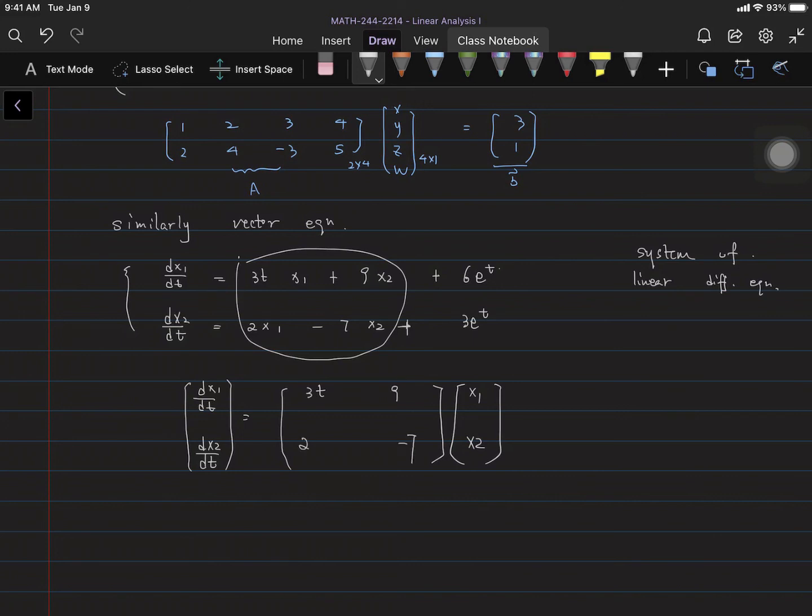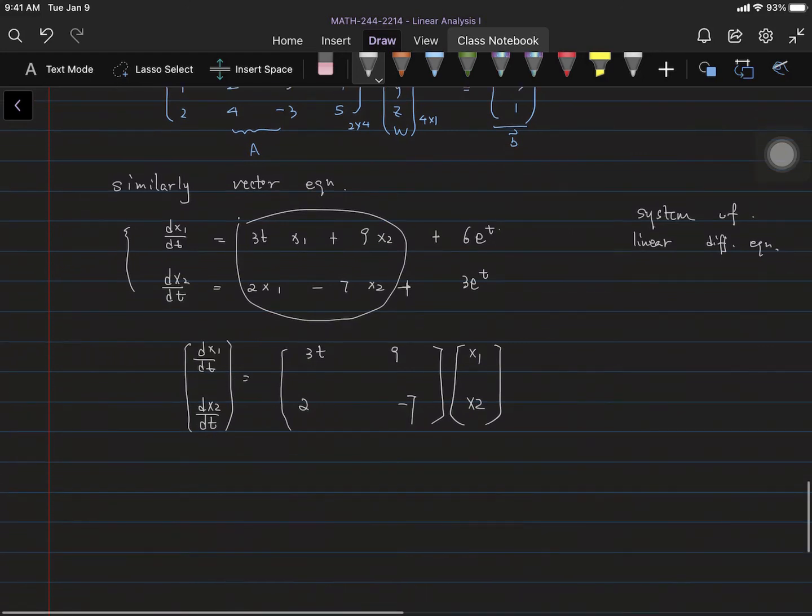Is that right? It's just the coefficients of x1, x2. So that gives us a 2 by 2 matrix, and then we can add 6e^t, 3e^t, this way. And the left side, we write as the dx vector.